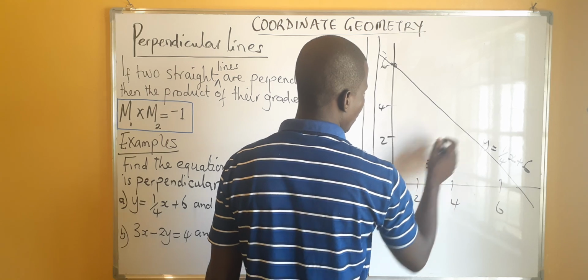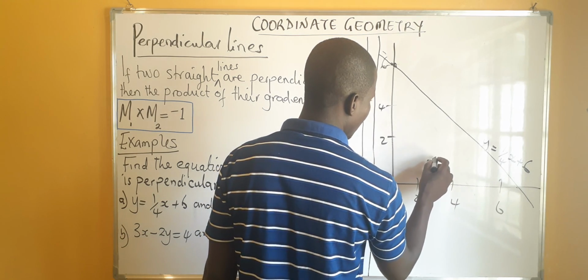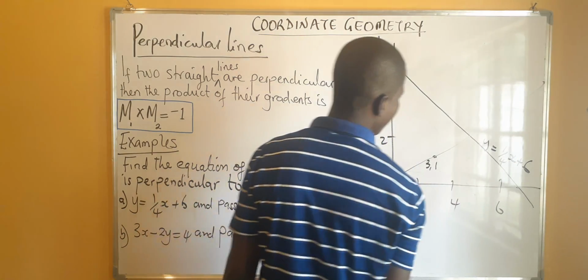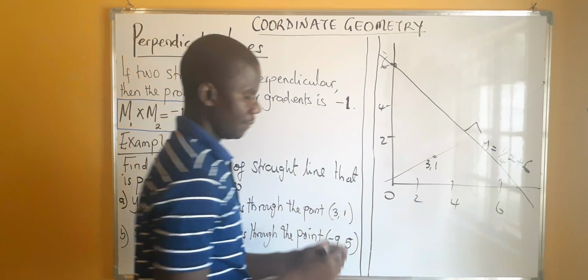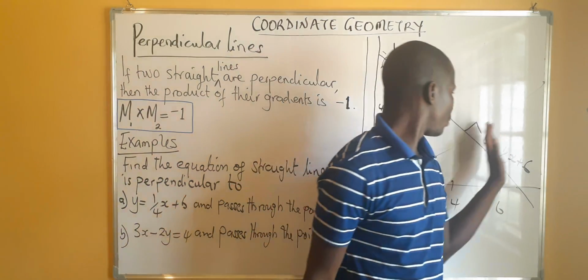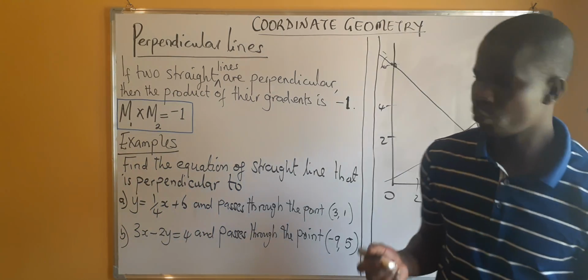We want a line that passes through this point, and when it meets this one, it should be perpendicular. At the point where they cut, they give us 90 degrees. So what are we supposed to do?